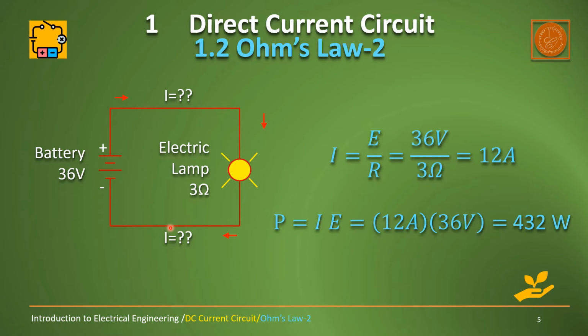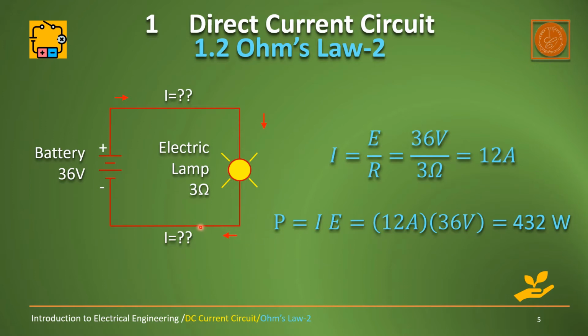Likewise, the power will increase as well. Now, the battery voltage is 36 volts instead of 18 volts. The lamp still provides 3 ohms of electrical resistance to the flow of electrons.